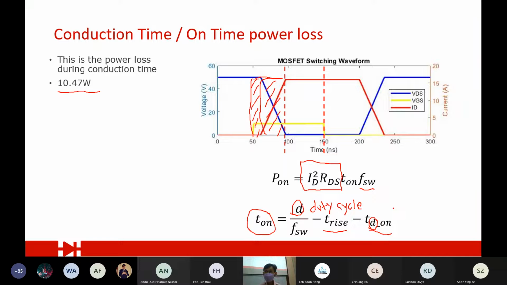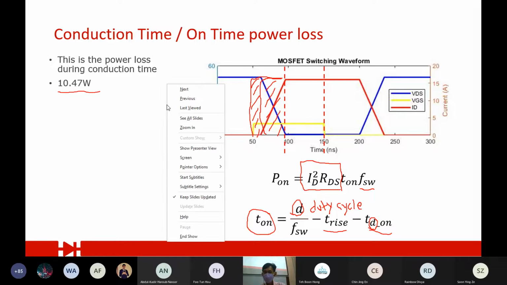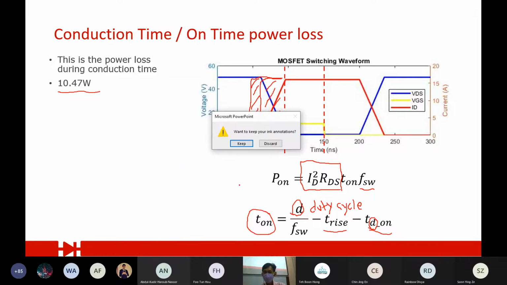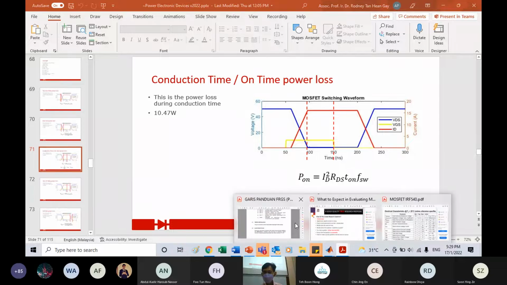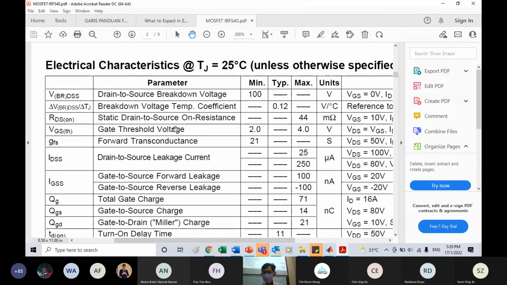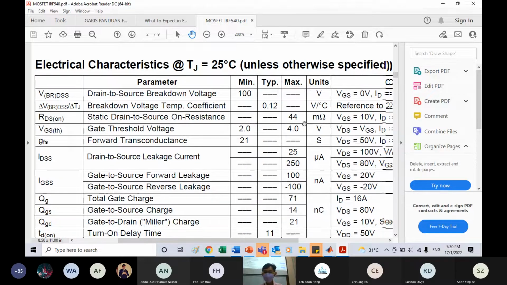Yes. IDS cannot be calculated. It's given. It's in the data sheet. Yes, it's given. You see the IDSS, the IDS, it is all given here.